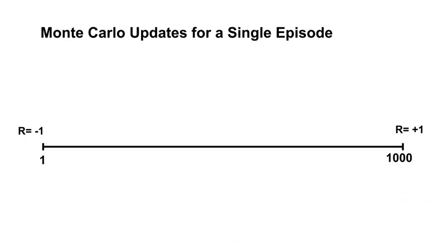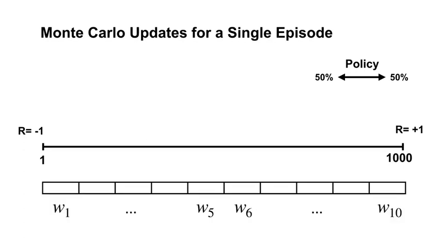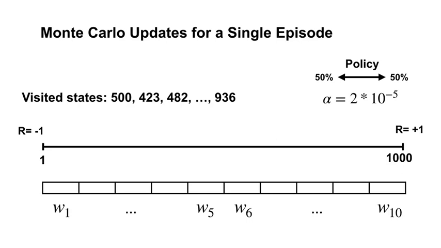Let's step through the gradient Monte Carlo algorithm to see how it works. We input the policy, our chosen state aggregation function, and a small step size parameter value. We initialize the weights to 0. First, we generate an episode. Once we have a complete trajectory, we step through all the states we visited and make an update. The return from each state was 1 because the agent terminated on the right with a reward of +1.